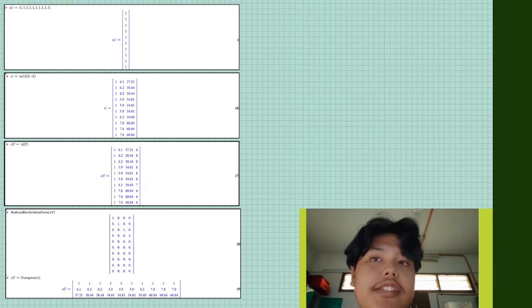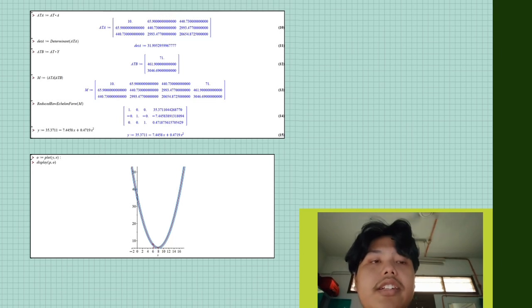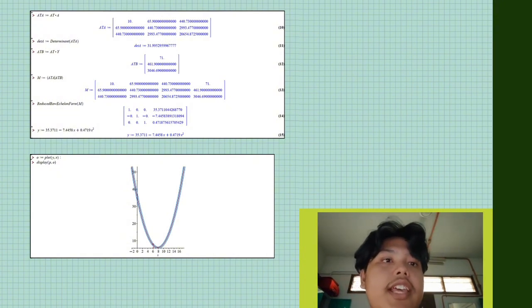Next, we want to find the A transpose. So A transpose, AT equals to transpose A. After we get the A transpose, we must calculate ATA, which is A transpose dot A. For the command, we use ATA equals to AT dot A, and then we get the output.